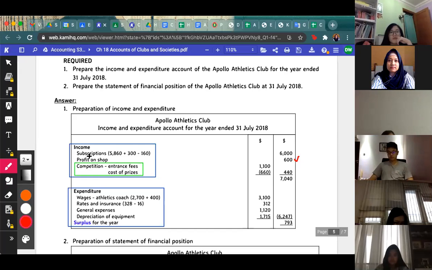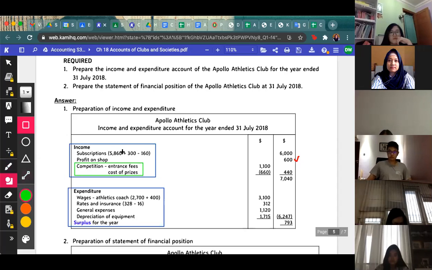Next, once you put the profit on competition, let's see the subscription here. I want you to recall our chapters on other receivables and other payables, or accrued and prepaid. Remember, if you have an accrued at the end, you have to add it, and prepaid at the end must be deducted.